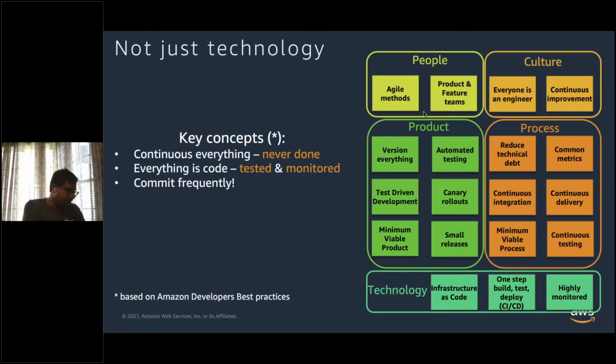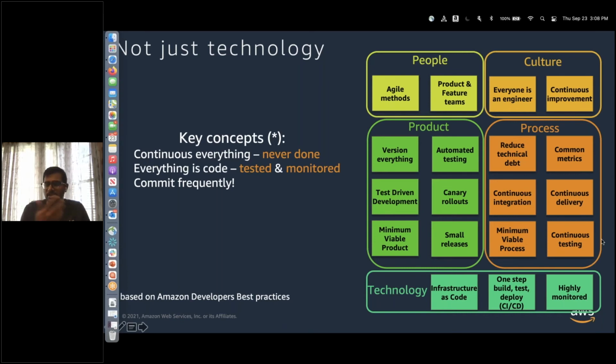So again, it's not just technology. We talked a lot about technology and how it can help you with the migration, and some of the concepts, but remember that this migration of any kind, from modernizing your applications from monolithic into microservices, or for any kind of modernization, technology is just one piece of it. It has a lot more to do with the culture of where you are, and with federal agencies that is even more important.